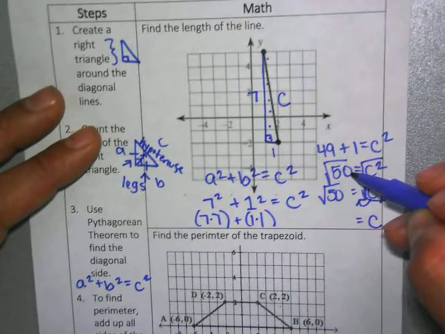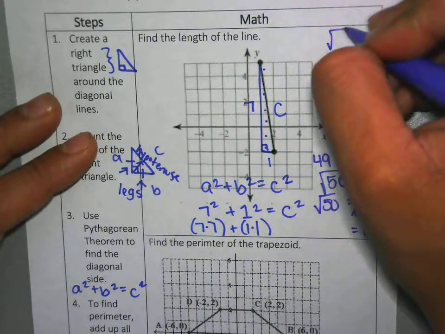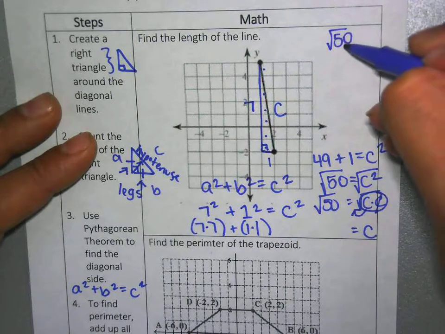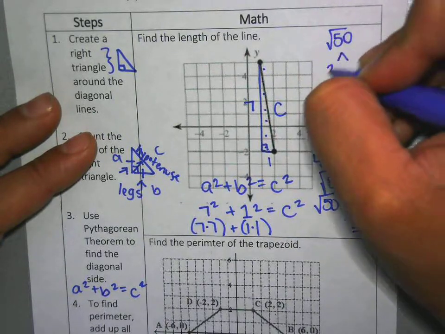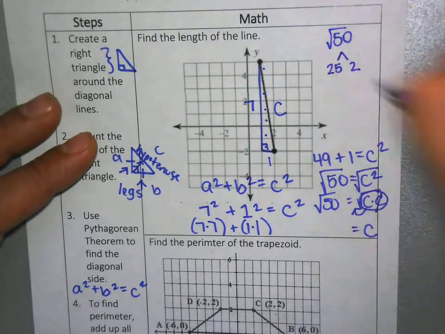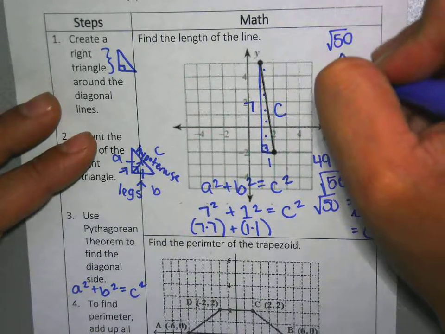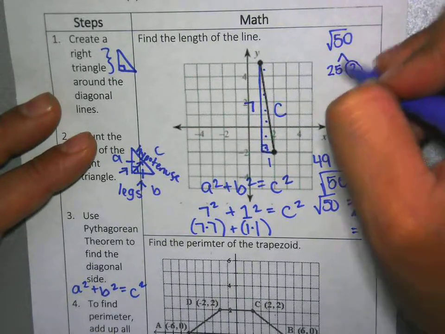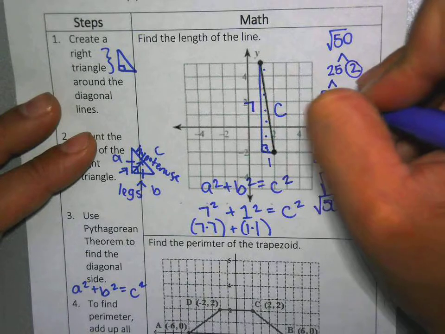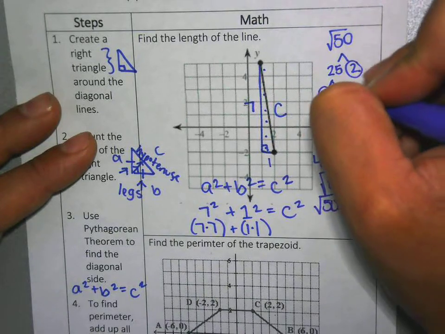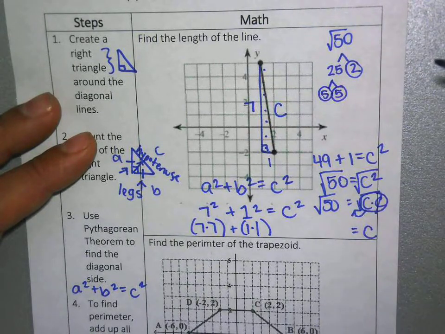Now the square root of 50 can be simplified, and I'll do that up here. 25 times 2 gives me 50. 2 is a prime number, so I'll circle it. 25 can be broken down into 5 times 5. Those are both prime numbers as well, so I will circle them.